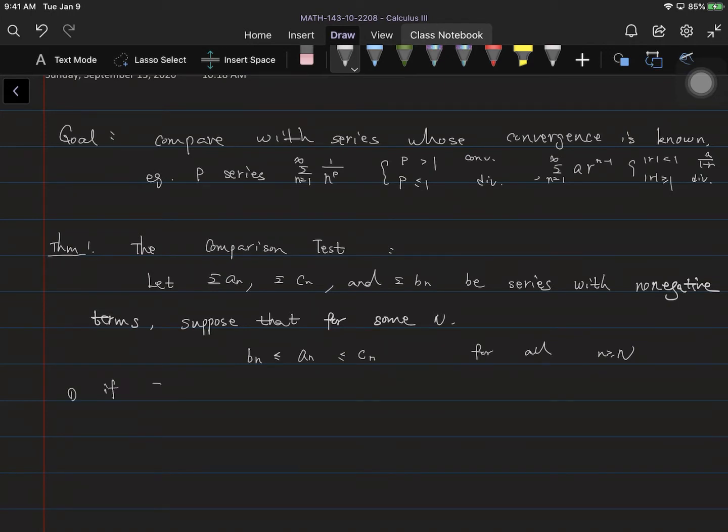So if Cn converges, then series AN converges. Second, if Bn diverges, then the series AN diverges.